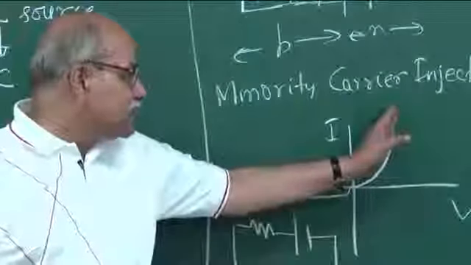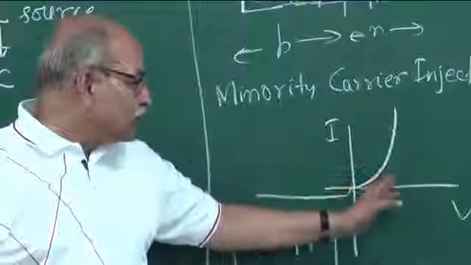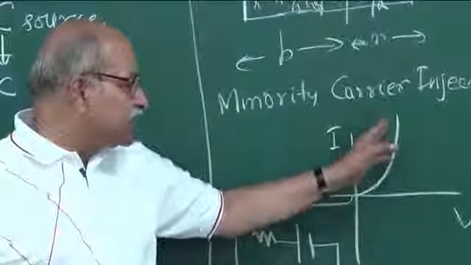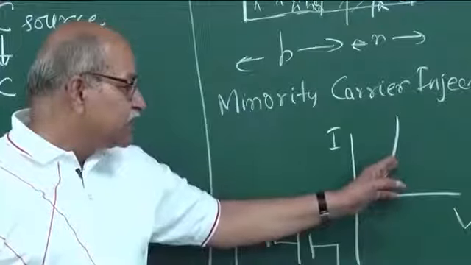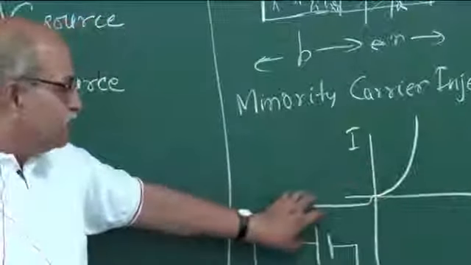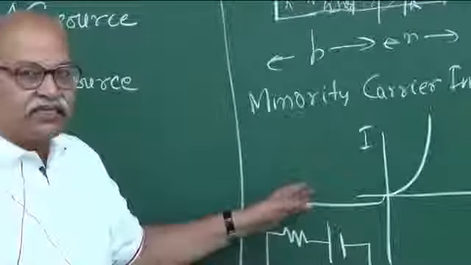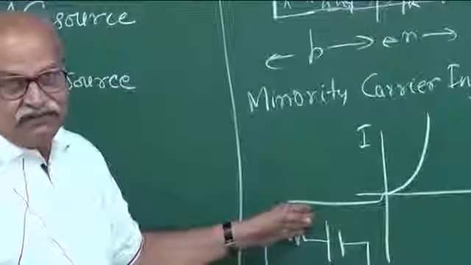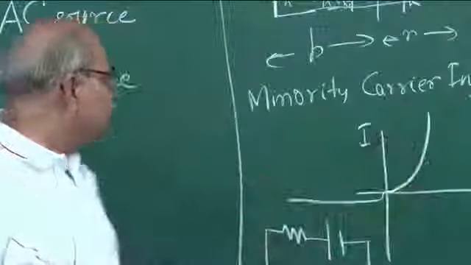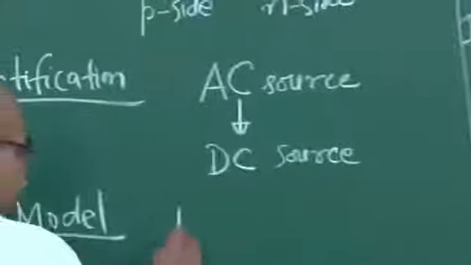So a slight change in voltage gives a large change in I. You can say that the resistance here is very, very small. Whereas in reverse, you apply so much voltage and you don't get significant current, so the resistance is very, very high.